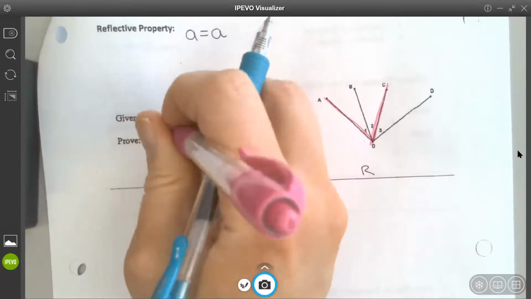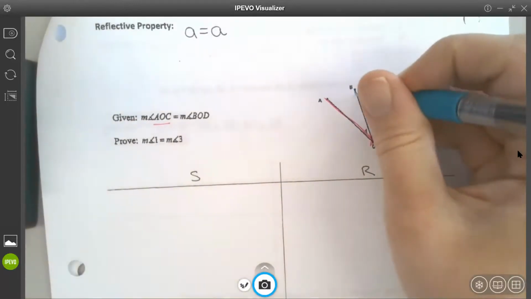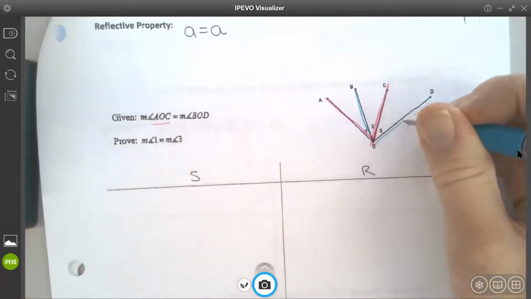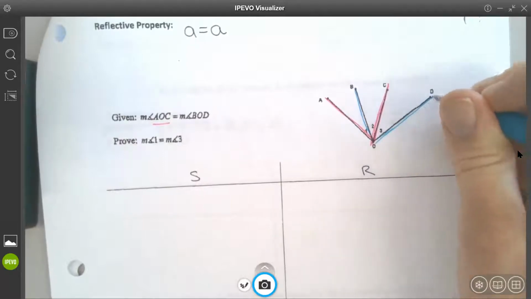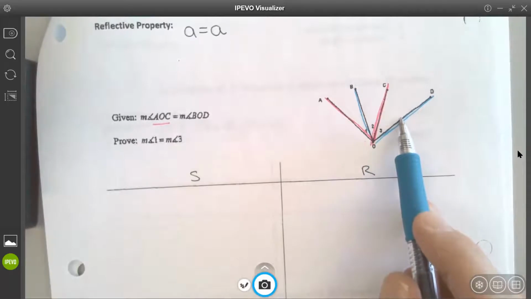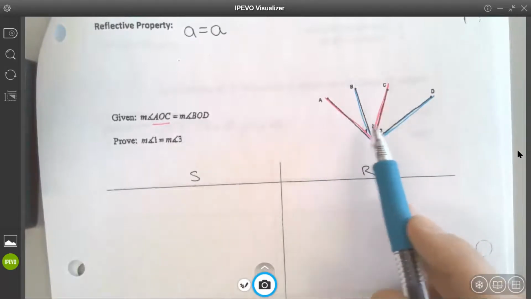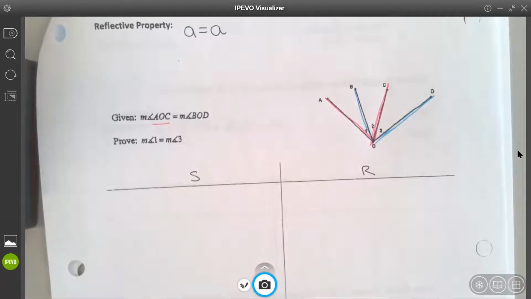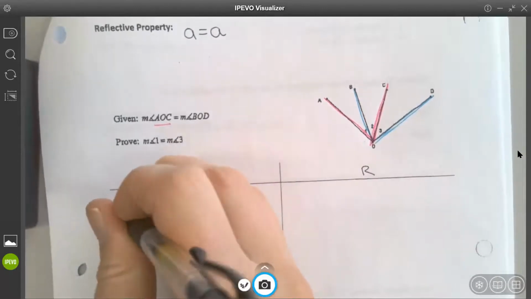I have AOC is equal to BOD. BOD is also broken into two angles: angle 2 and angle 3 put together. So these are equal measurements. I've marked my givens, and I need to write it down.